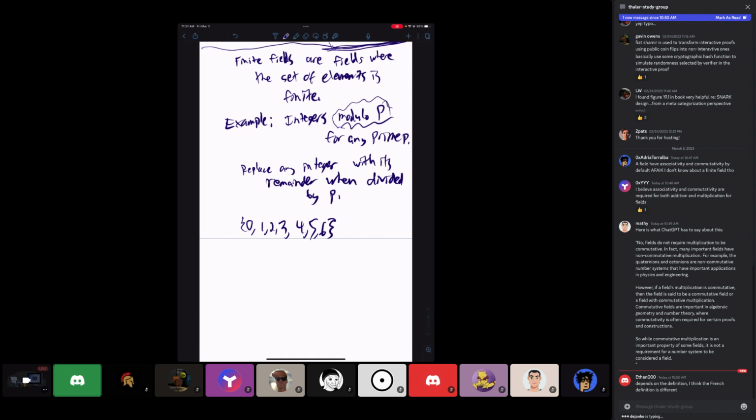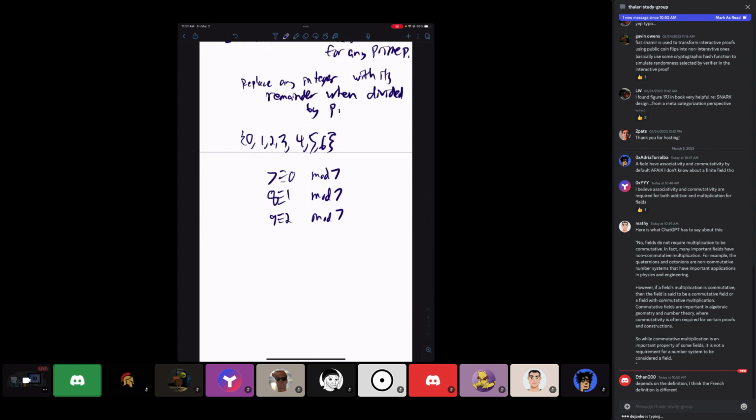You'd have 7 is congruent to 0 mod 7, 8 is congruent to 1 mod 7, 9 is congruent to 2 mod 7. A quick larger example: 18 would be congruent to 4 mod 7, because the remainder when you divide 18 by 7 is 4. 18 is 14 plus 4. That's what modular arithmetic is.